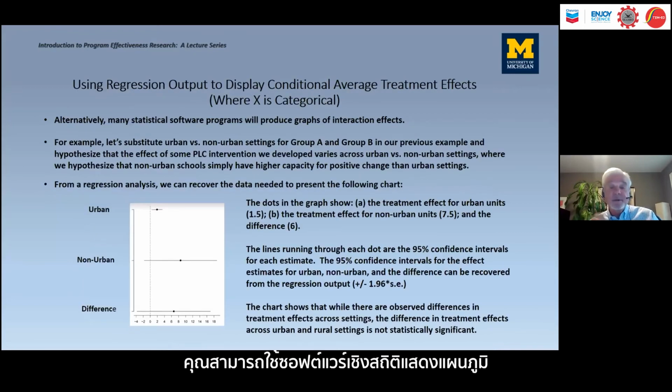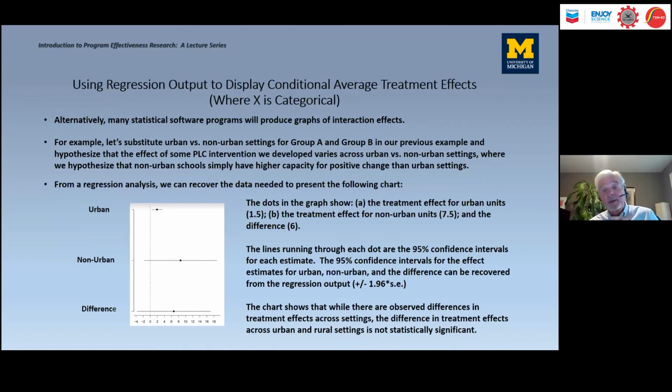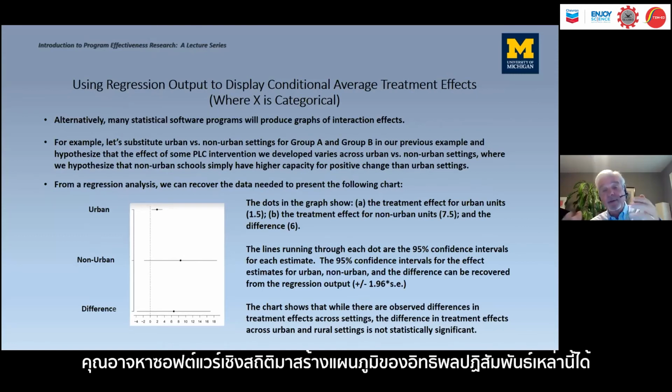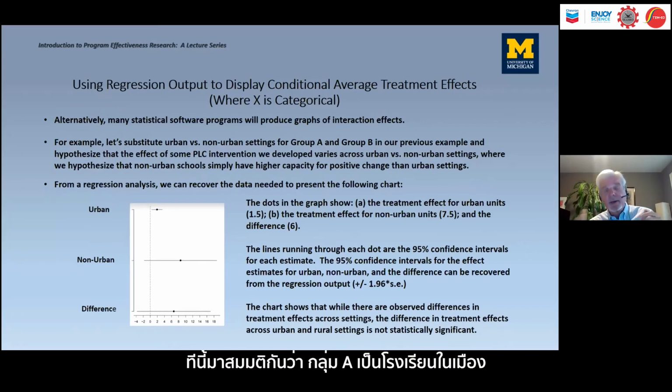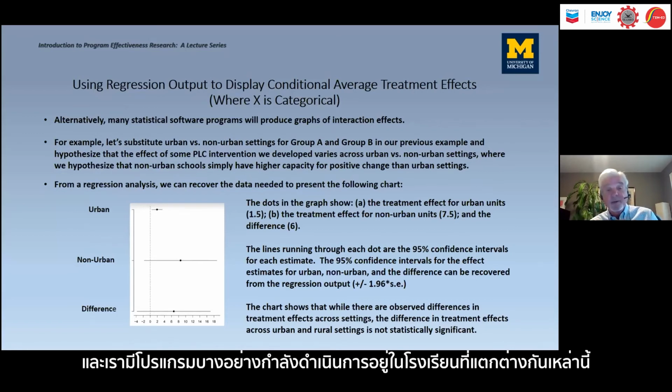You can use the statistical software to show a kind of chart where the conditioning variable is categorical. You can get the statistical software to produce graphs of these interaction effects. Here, let's just suppose that group A is urban and group B is non-urban schools, and we have some treatment going on in these different types of schools.